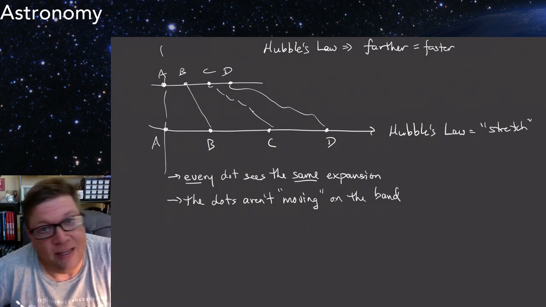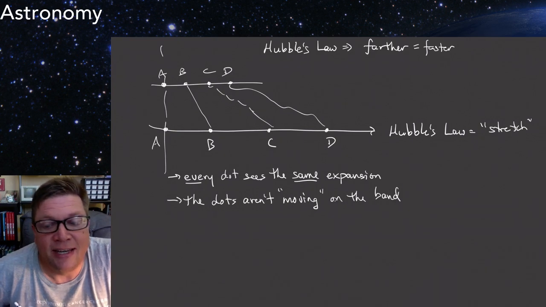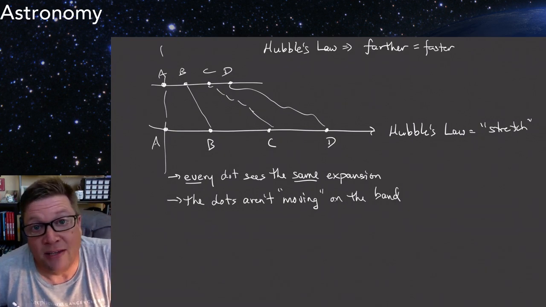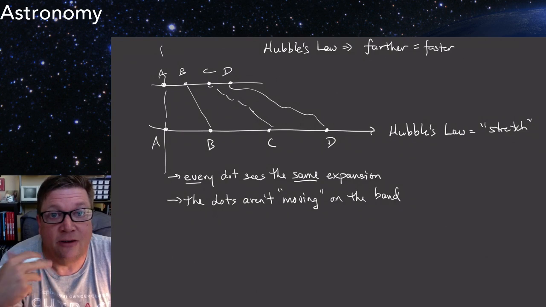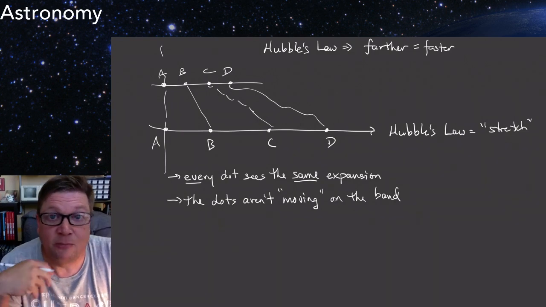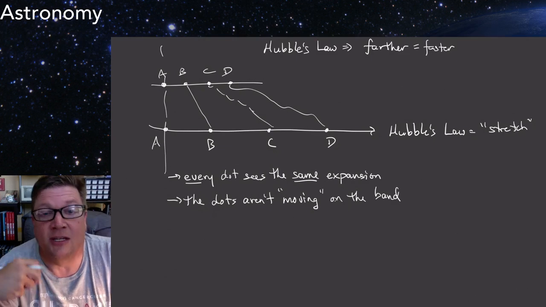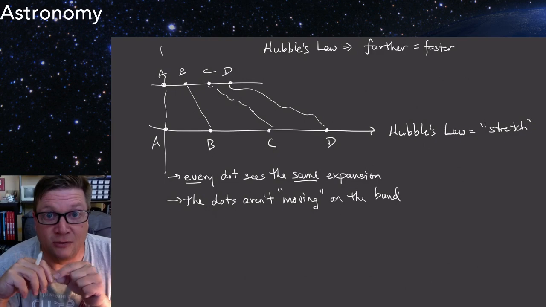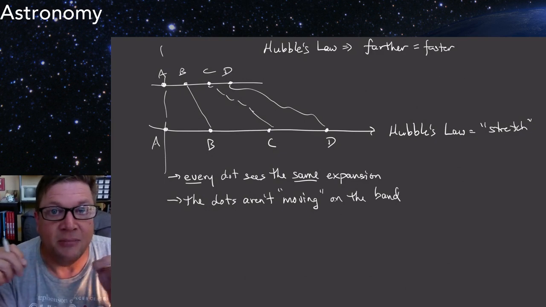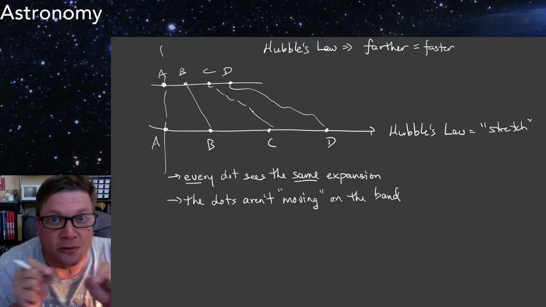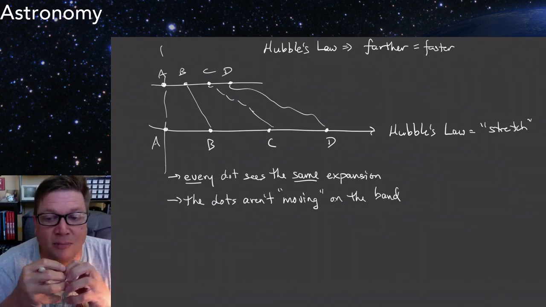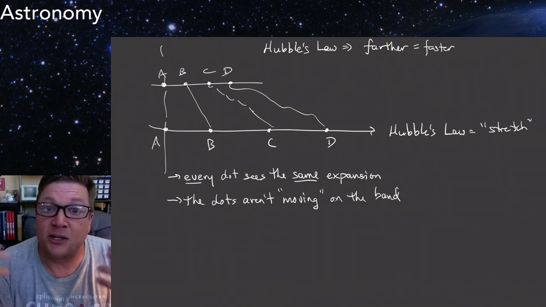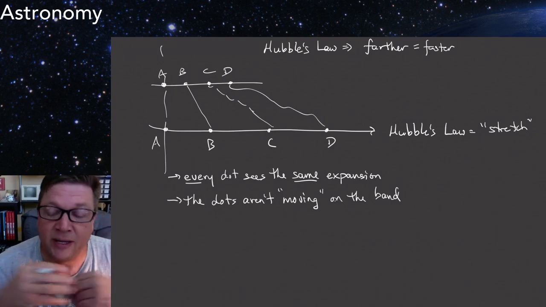So in the analogy, what I'm saying is, it's not that galaxies are moving through space, but the galaxies are being carried away from each other by the expansion of space. There is, in some sense, more space being created between the galaxies, just like there's, in some sense, more rubber band being created between the dots. The dots aren't moving on the rubber band, the dots are staying fixed, but they're being carried along by the expansion of the thing that they're in, the rubber band.